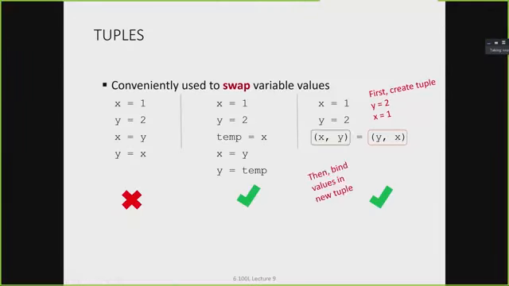And then Python 1 at a time matches the values on the right to the values on the left, separated by commas. So basically what we have here is x is equal to 2, y is equal to 1, and then the values have been rebound. Okay. So very, very useful, very good use of tuples here.